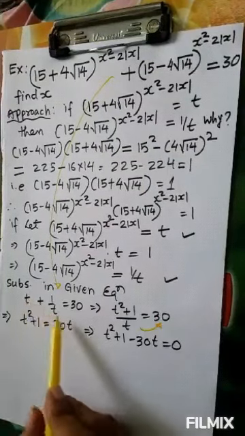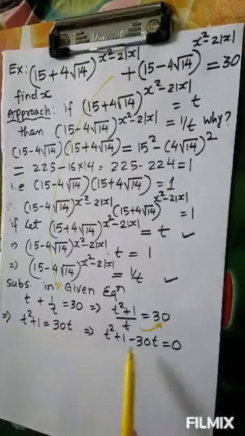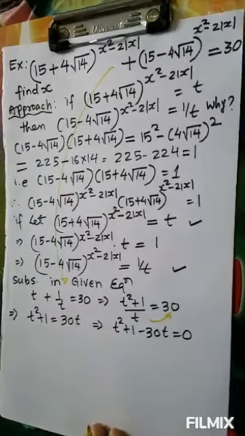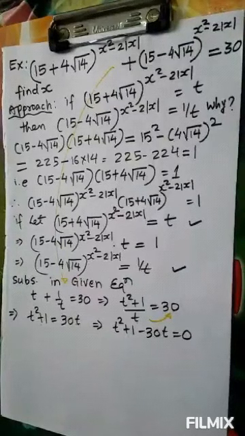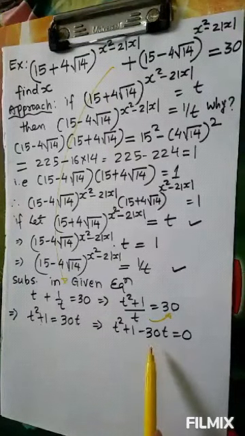Taking LCM, t square plus 1 by t is equal to 30. Multiplying by t and taking 30 to this side, we get a quadratic and we can solve by factorization or Sridharacharya, that is the quadratic formula. By factorization it won't be possible if you try.